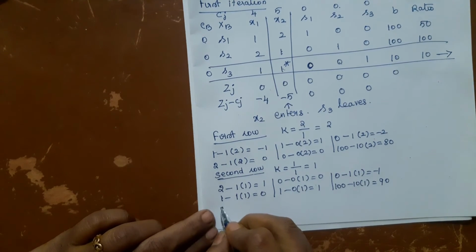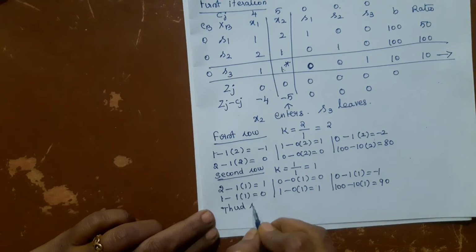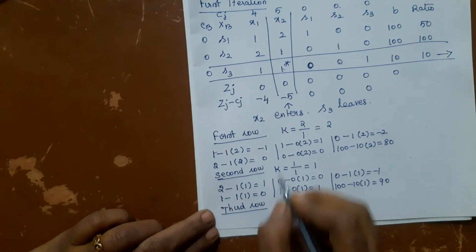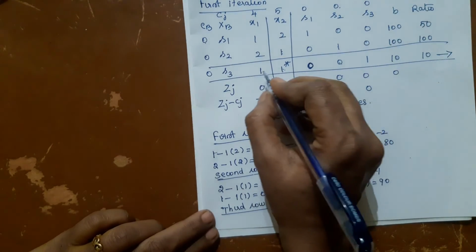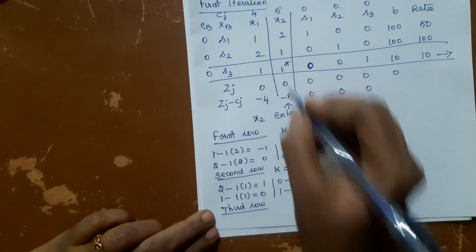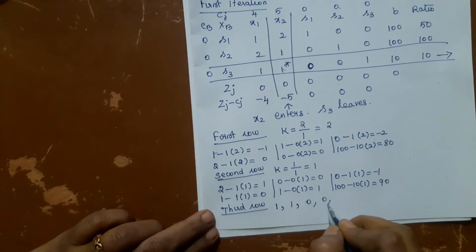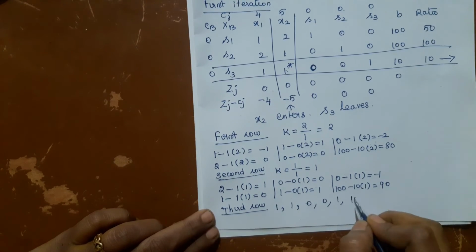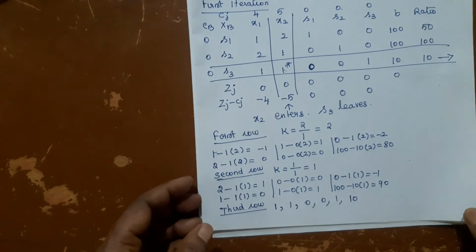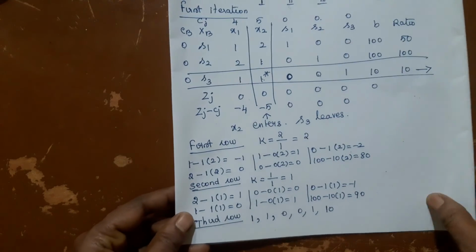Fine. Now the third row is the key row, so divide all elements by the key element. If you divide all these elements by the key number 1, you have 1, 1, 0, 0, 1, 10. With these values, let us frame the table for the next iteration.